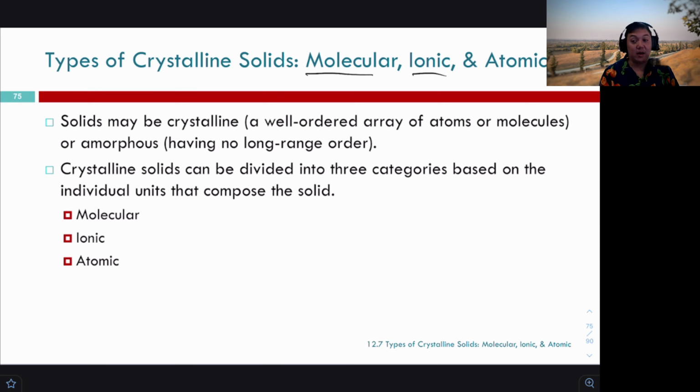So our ionic compounds are going to be metals plus nonmetals, and our molecular compounds are going to be just nonmetals.